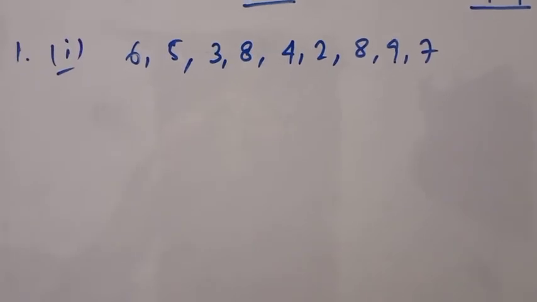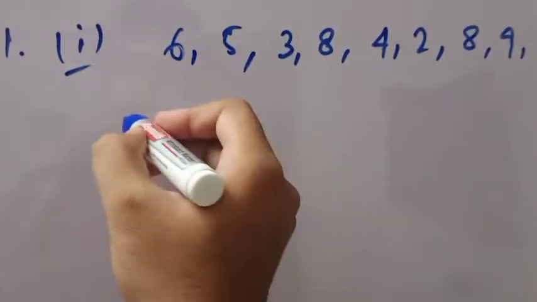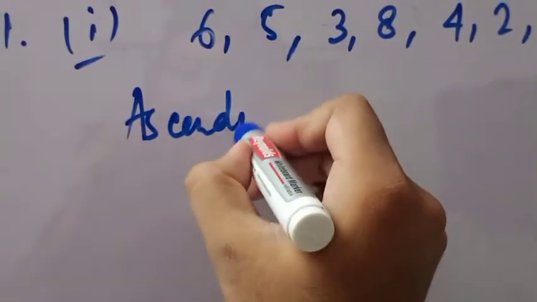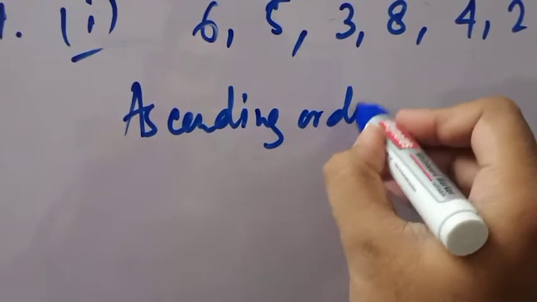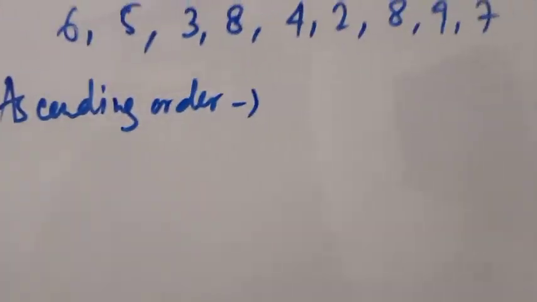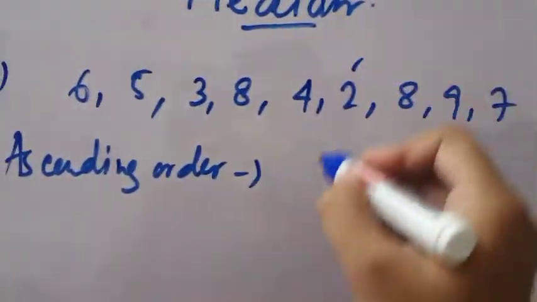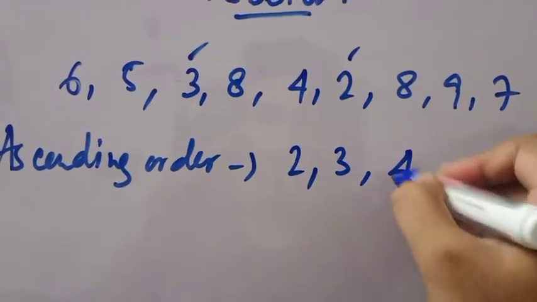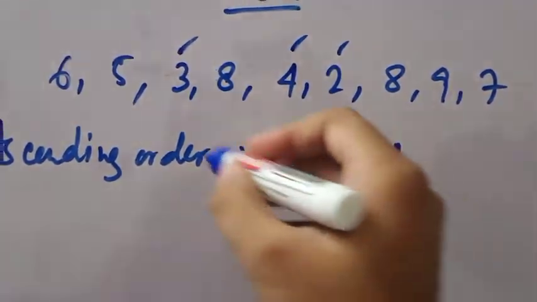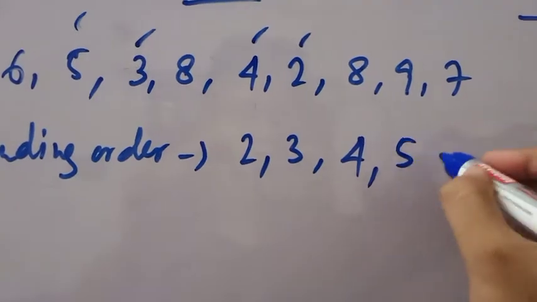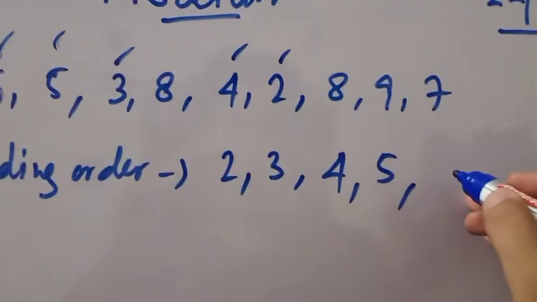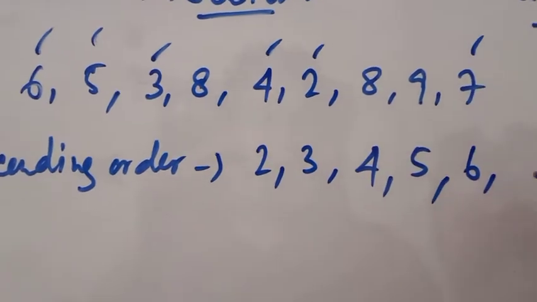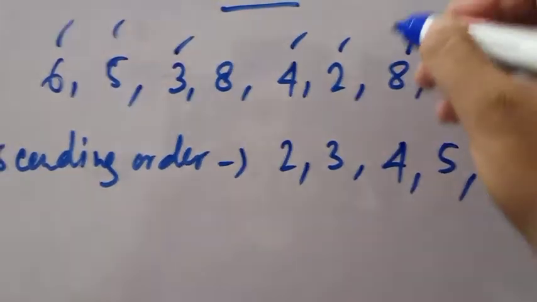Firstly write in ascending or descending order. So I am writing here in ascending order. In ascending order, write 2, 3, 4, 5, 6, 7, 8.